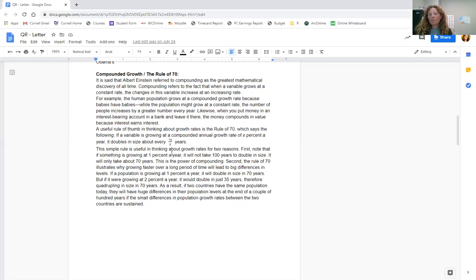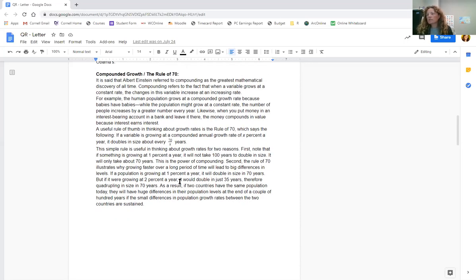Another time, besides money in an account, that we use this is with population. In that case, the population would double every so often. It could be a population of bacteria, it can be a population of a country, but like I said, it is often money. So let's look at our examples here.